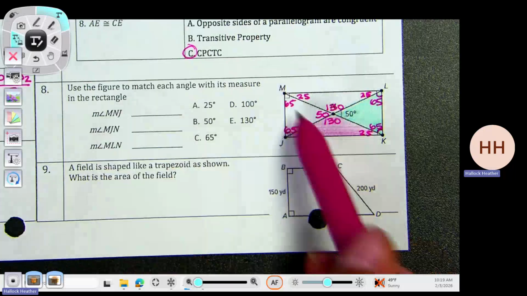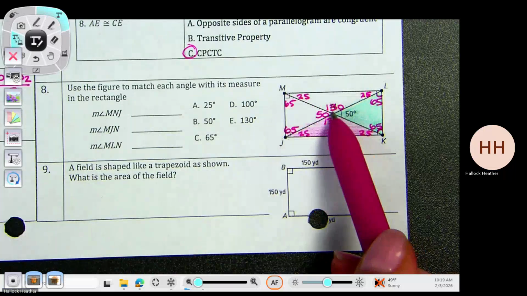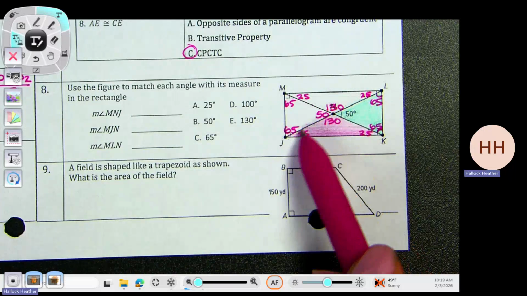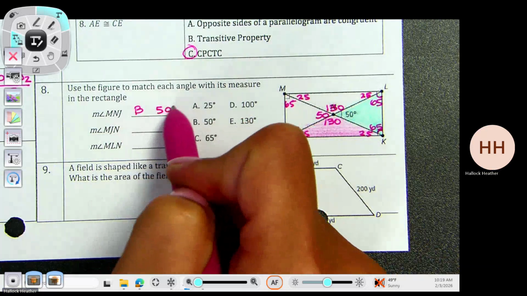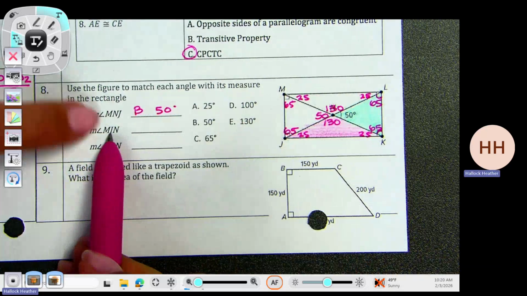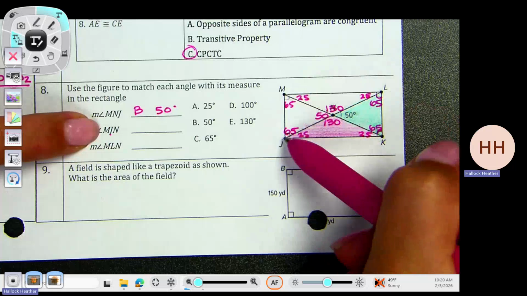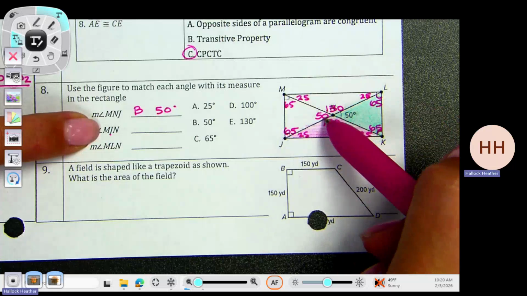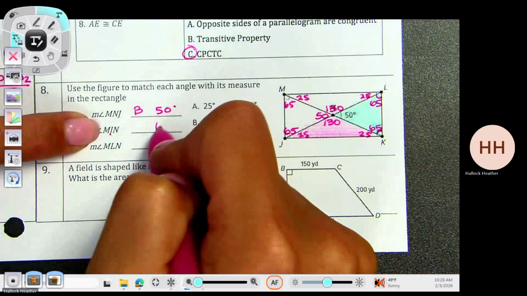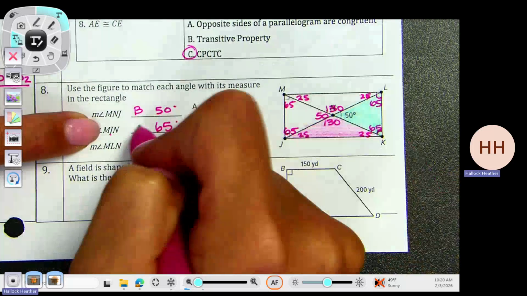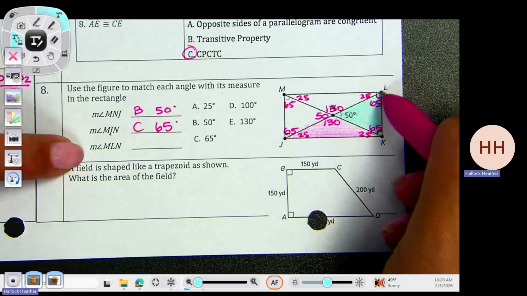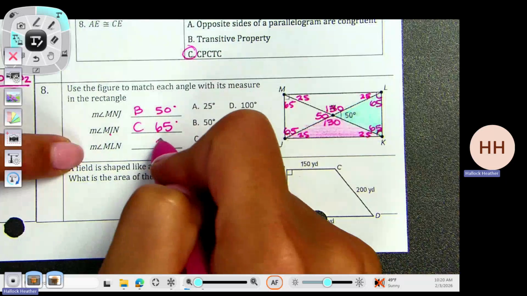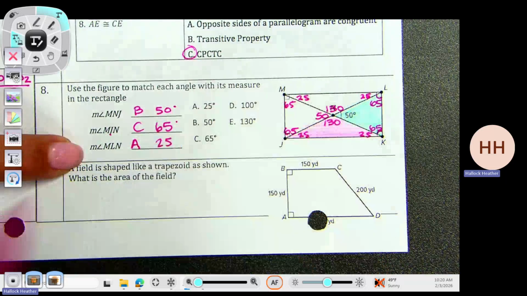It says M, N, J. So that's 50, which is B. The next one says M, J, N, which is 65, which is C. The last one says M, L, N, which is 25, which is A.